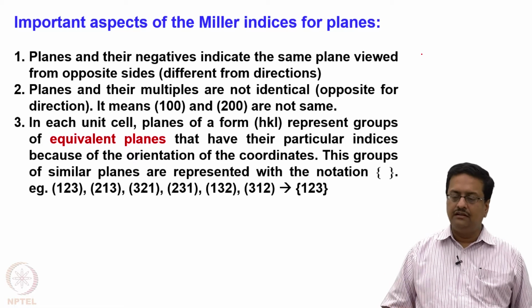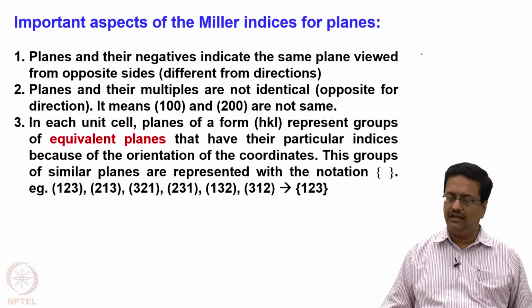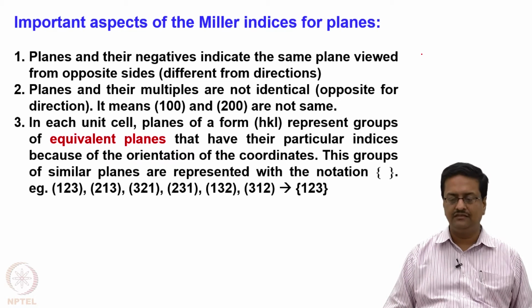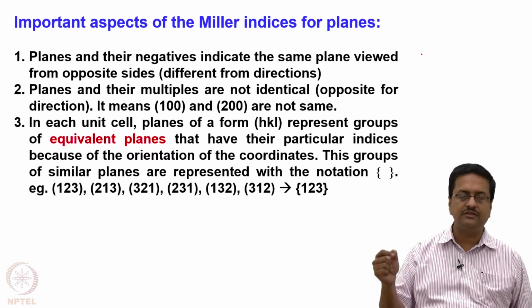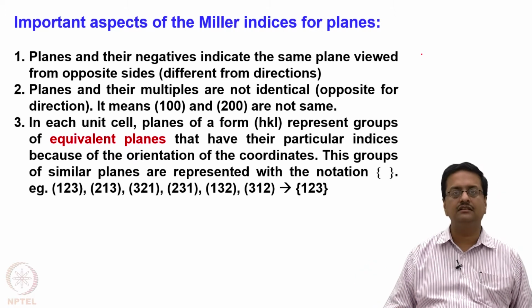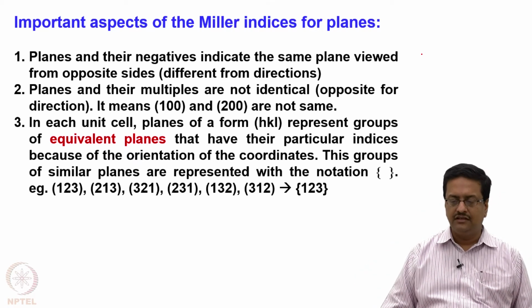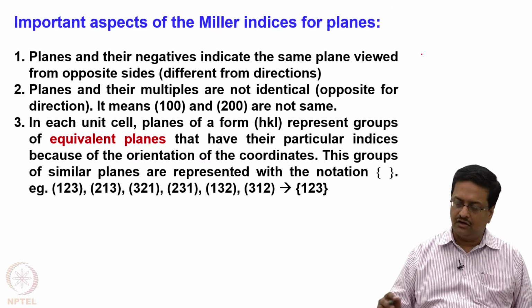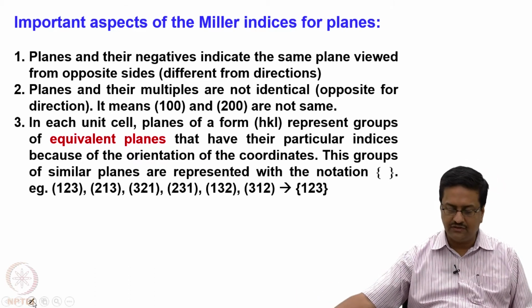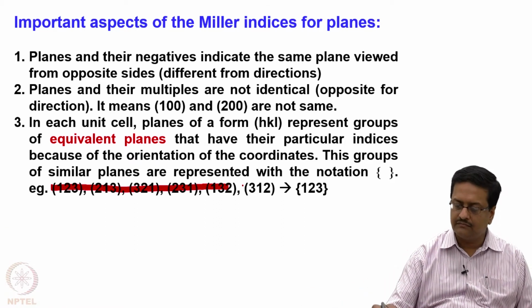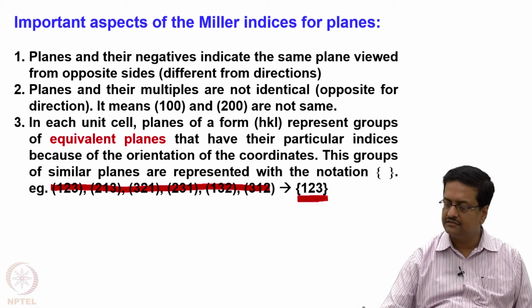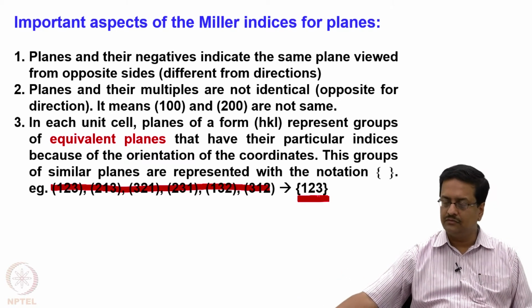In each unit cell, planes of a form HKL represent groups of equivalent planes that have their particular indices because of the orientation of the coordinates. These groups of similar planes are represented with curly brackets. So these are called a family of planes, as we have already indicated. So these planes are highlighted as a family of equivalent planes 1, 2, 3.